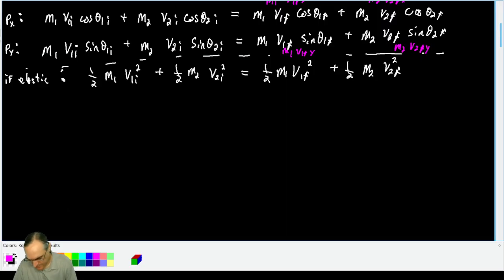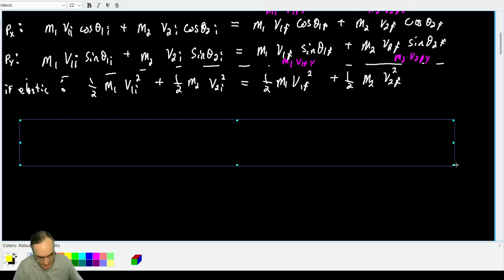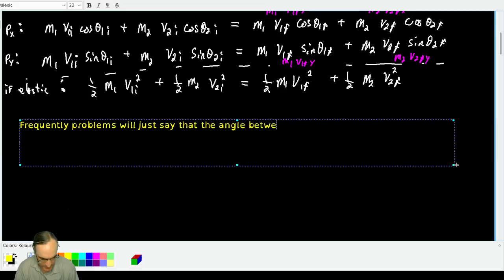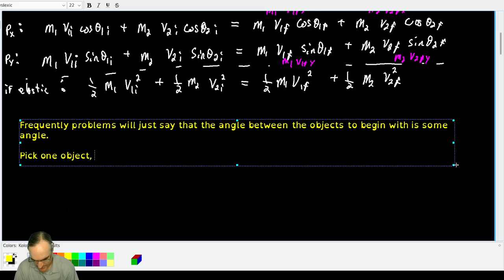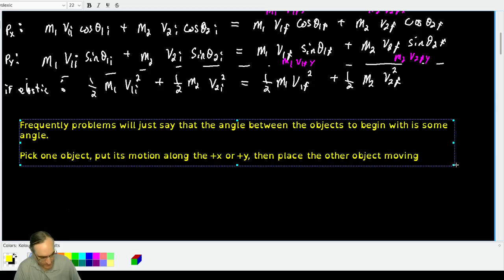All right. More important points when you're trying to solve these problems. Frequently, problems will just say that the angle between the objects to begin with is some angle. What you want to do in that case is pick one object, put its motion along the positive x or positive y direction, then place the other object moving relative to that.